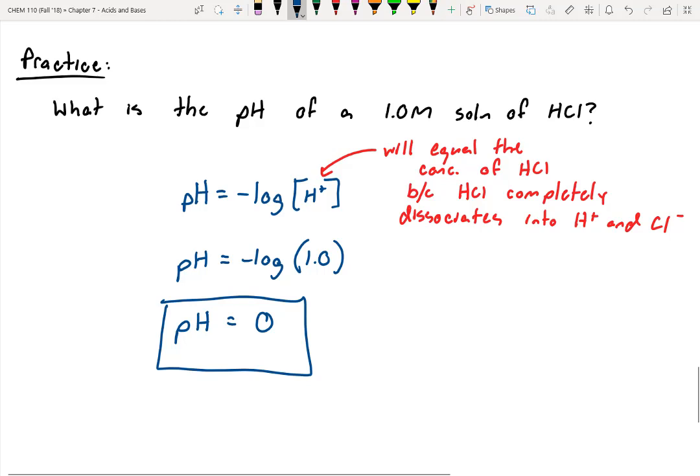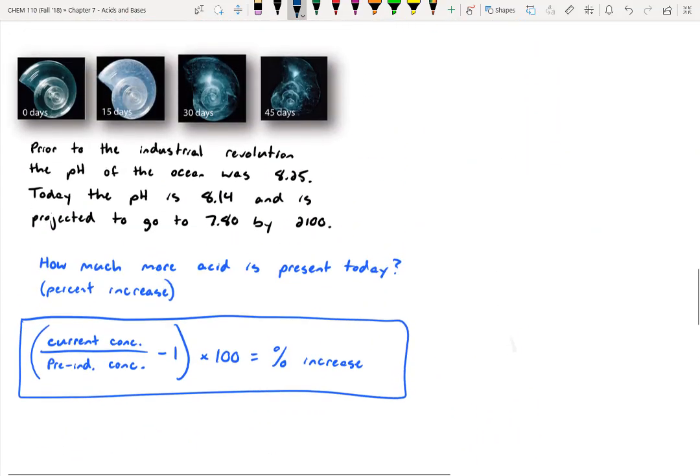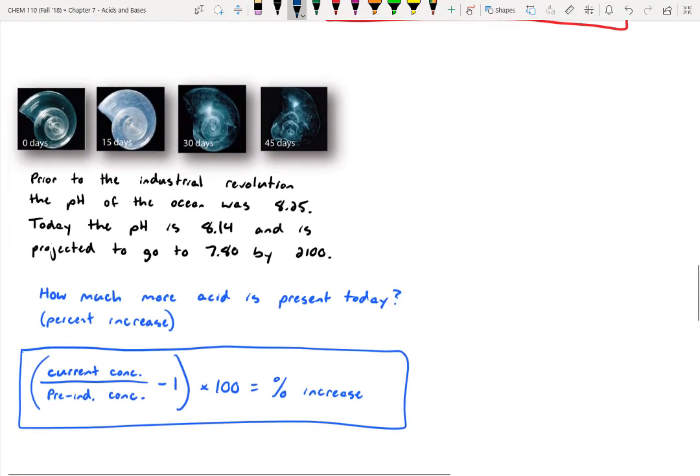All right, I'll show you my favorite slash sad example of this in action. So I mentioned ocean acidification.